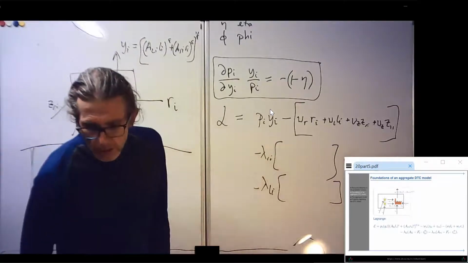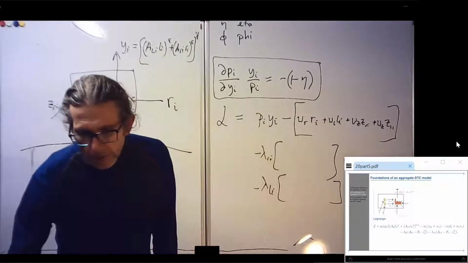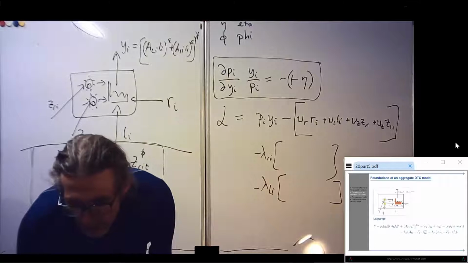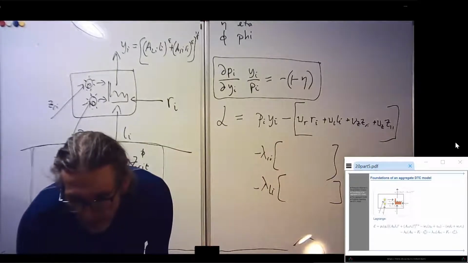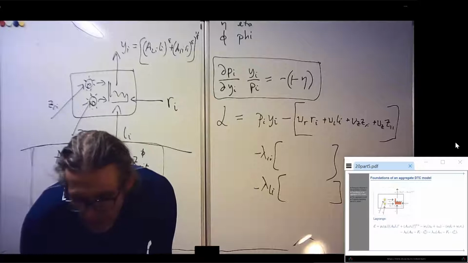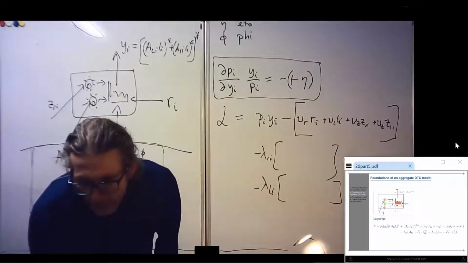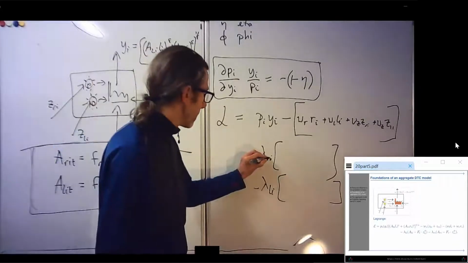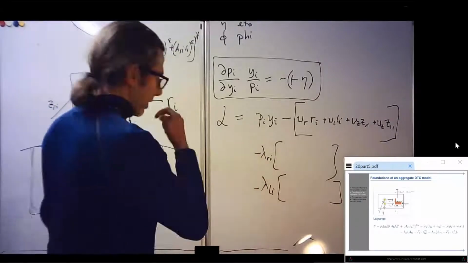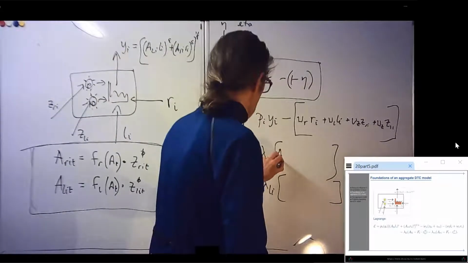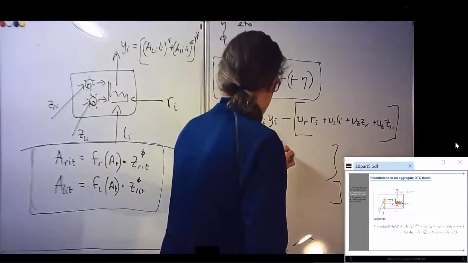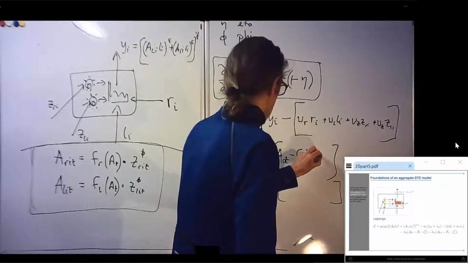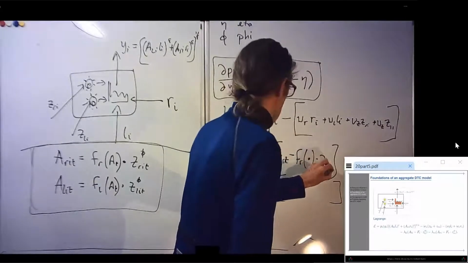Okay, so let's have a look again at the Lagrangian. I'm peering at my screen to see if I'm writing it the same way as in the notes. I think I am. So then we've got minus lambda Ri times this restriction, which is ARIT minus FR of whatever that was, times ZRIT to the phi.